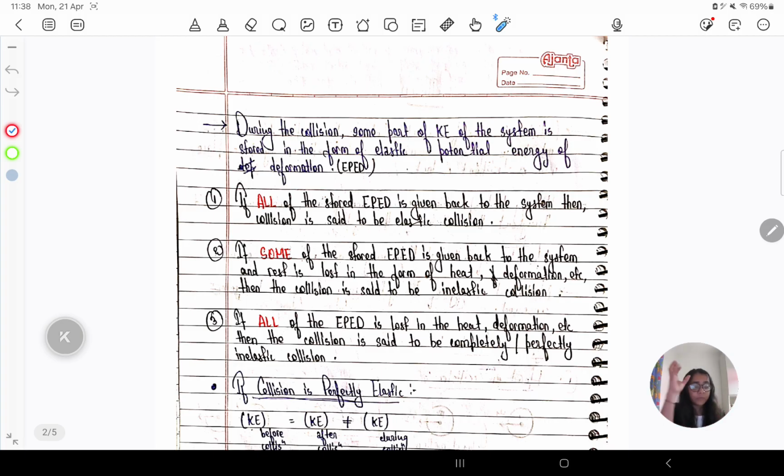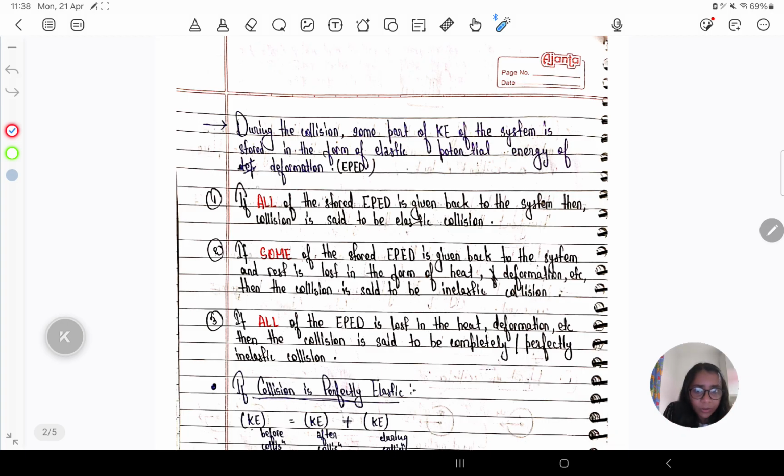It would be the initial kinetic energy minus the stored elastic potential energy of deformation, right? That would be the kinetic energy of the body during the collision. After the collision, if this stored elastic potential energy of deformation gets converted back into what was taken from the kinetic energy, then the final kinetic energy will become the same as the initial kinetic energy, right?